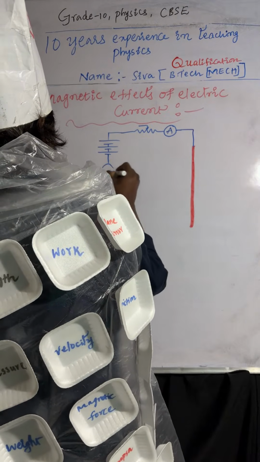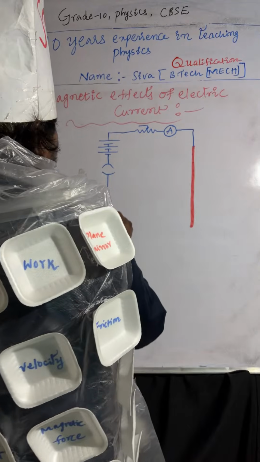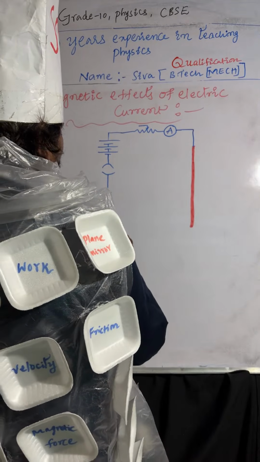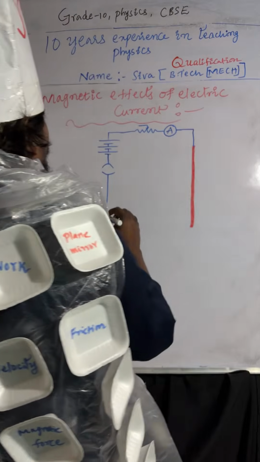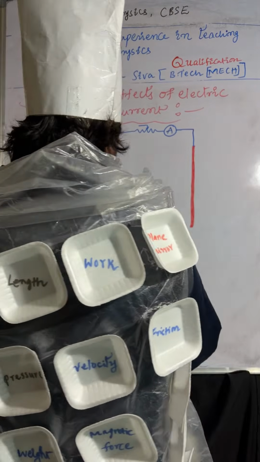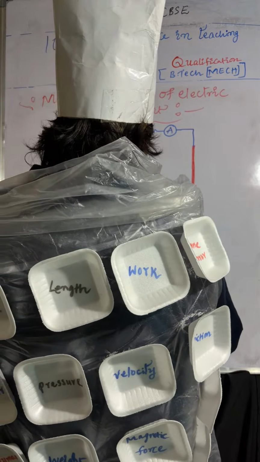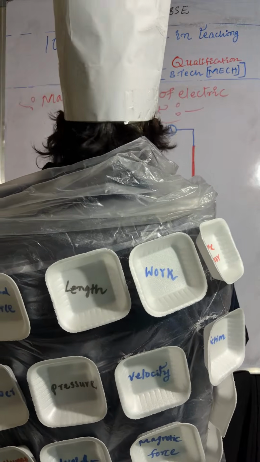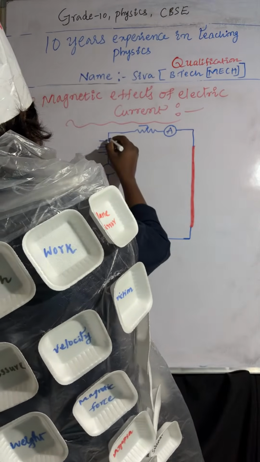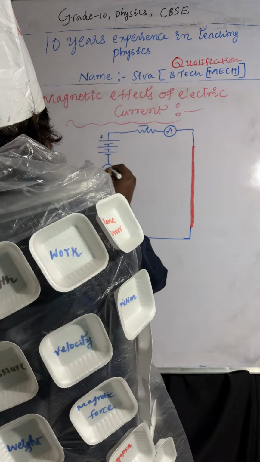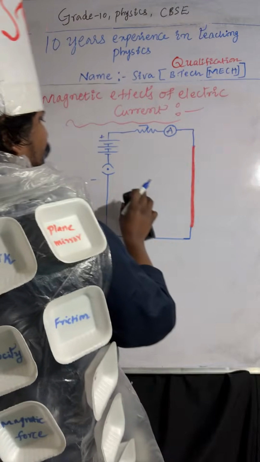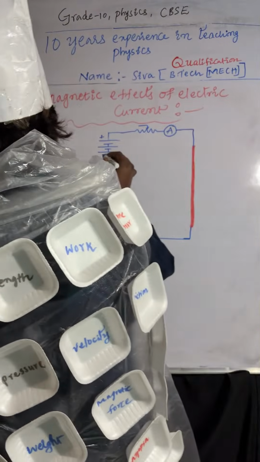Okay, so I am taking a switch here. We can take the switch here also, no problem. So like this I'm considering. Now current is passing through the straight conductor.